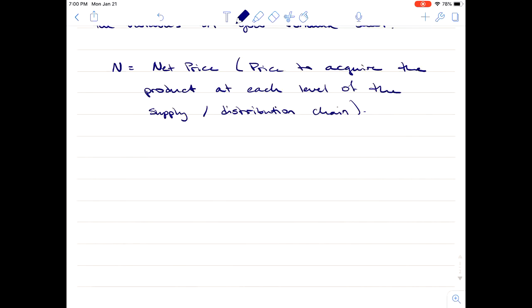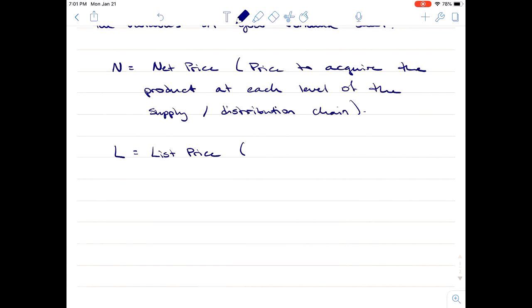Next thing on our list, if we're just reading left to right across the page, we've got a capital L. A capital L is the list price. So the list price is the suggested retail price. The manufacturer says, I think that you should sell it for this.